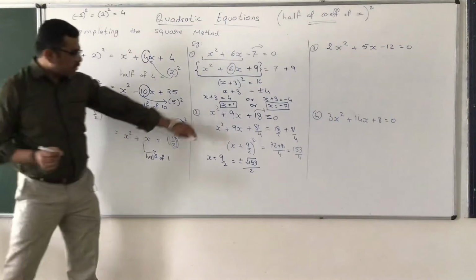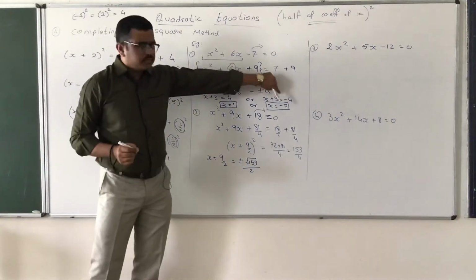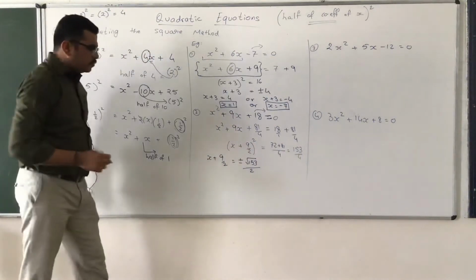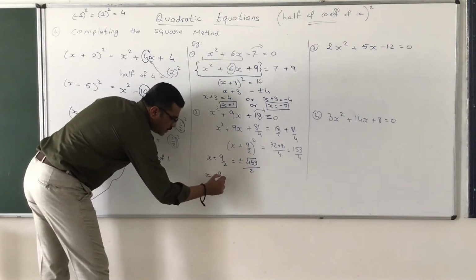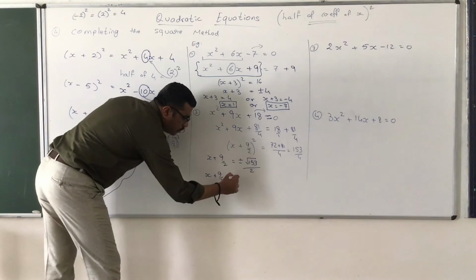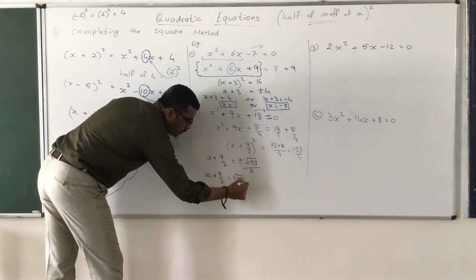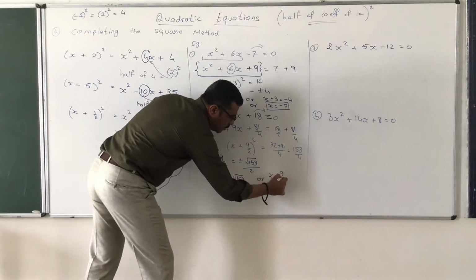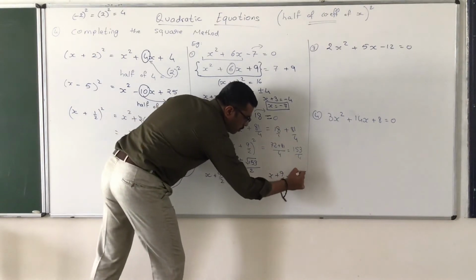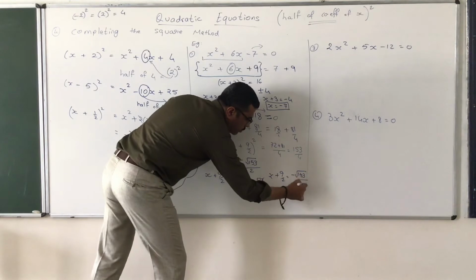So if we take one time plus and other time minus, we have our two solutions: x plus 9 by 2 equals positive square root of 153 by 2, or x plus 9 by 2 equals negative square root of 153 by 2.